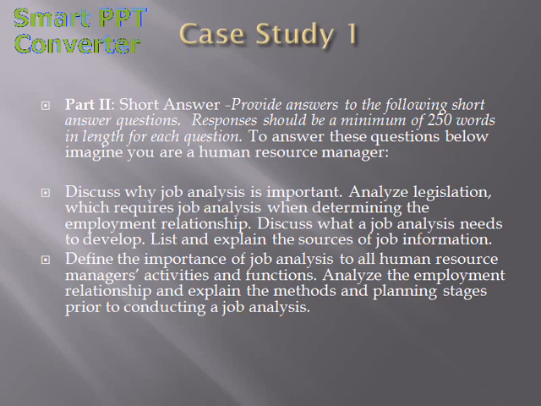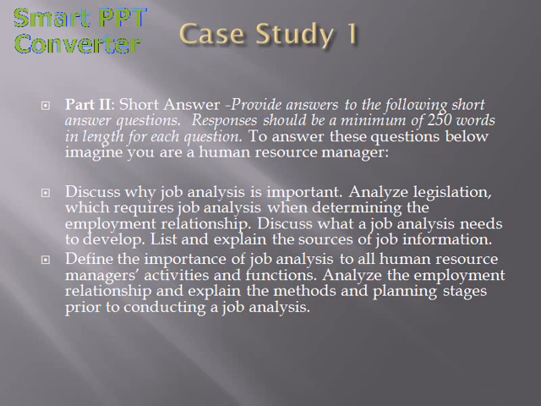The second part of your case study is a short answer, and you have to answer each question in detail. You want to discuss why job analysis is important, analyze legislation which requires job analysis when determining the employment relationship, discuss what job analysis needs to develop, and list and explain the sources of job information.